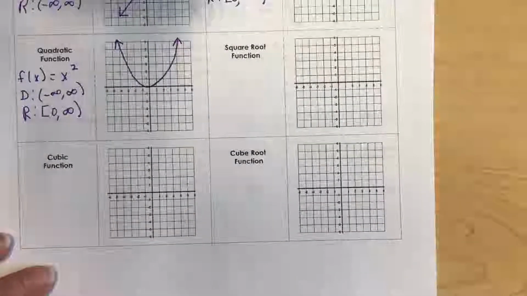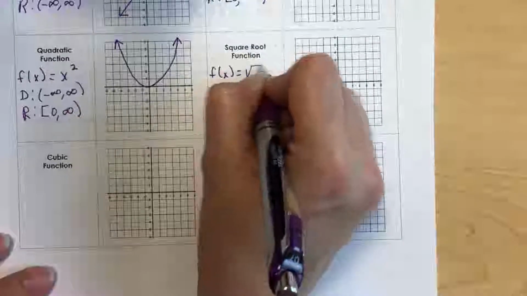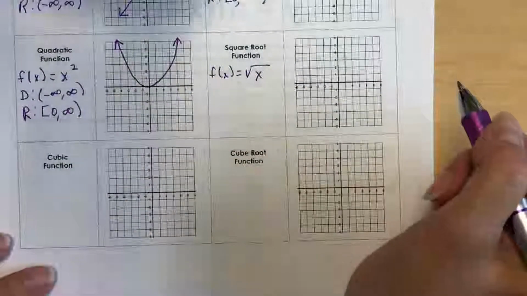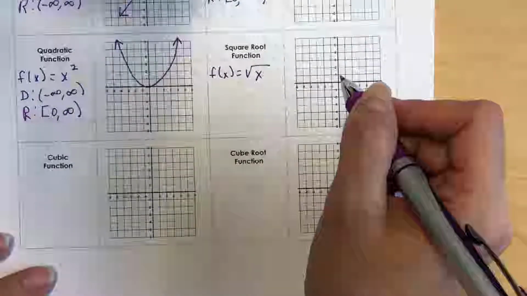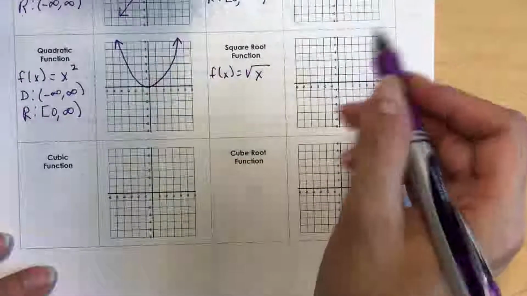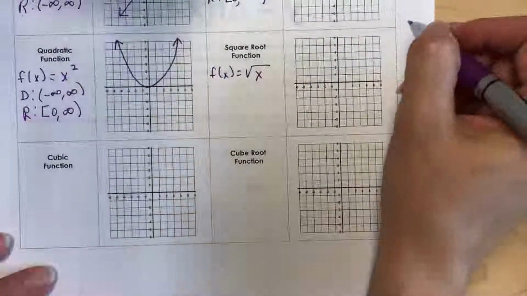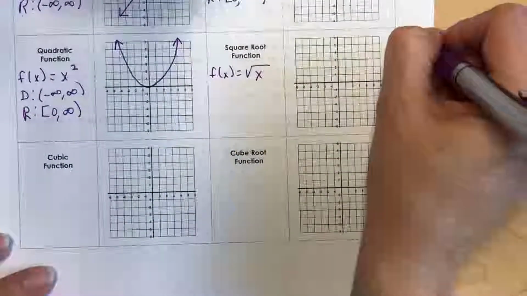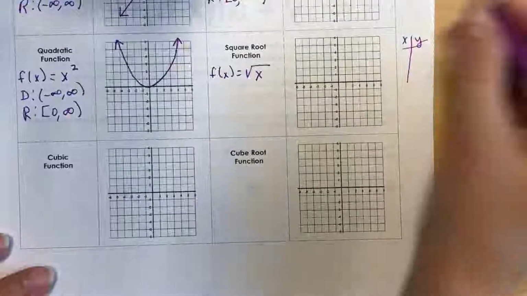My square root function, f of x equals the square root of x. This graph is going to look like a parabola lying on its side. Of course, if you're not seeing how to get any of these, you can always do a table of values. You do your x, y table, put in some numbers, and see what you get for your y values.